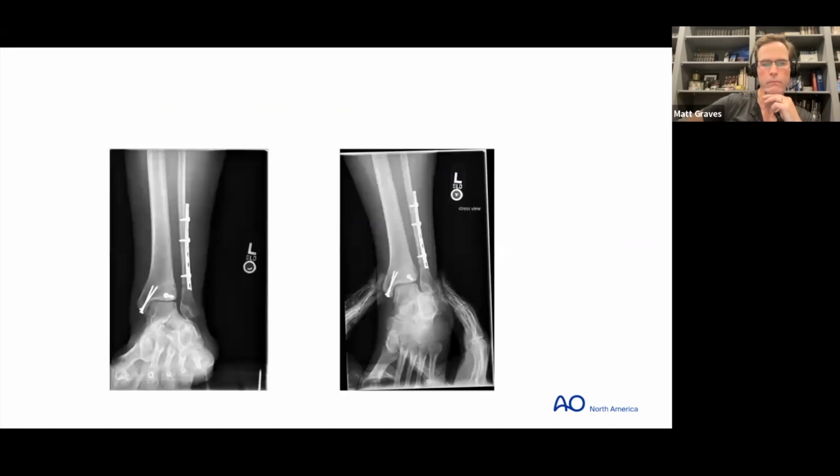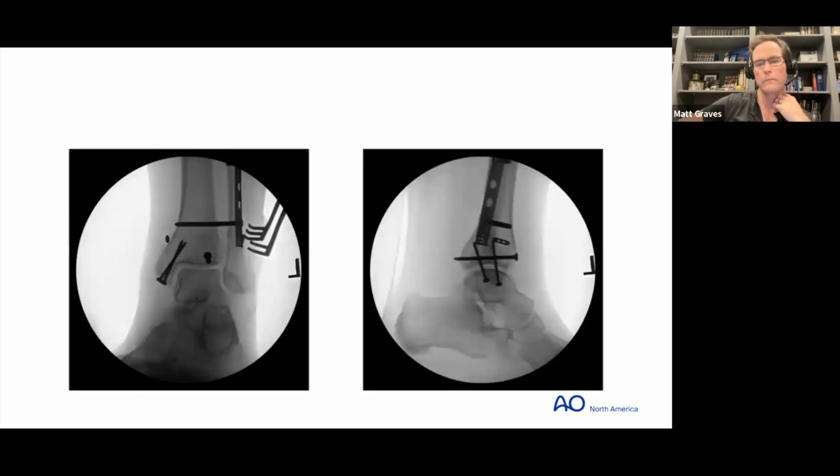And so the way I salvage this, if you will, she's about 6 months out now, is we went ahead and reduced the syndesmosis back to where it was, put in a static screw, a 4.0 cortical screw that's 4 cortices, but then I backed it up with a tightrope through the old hole.